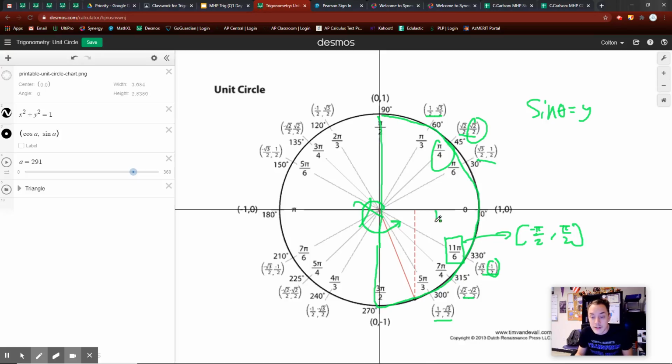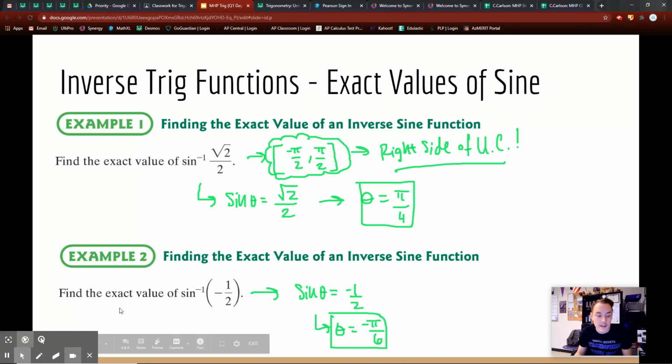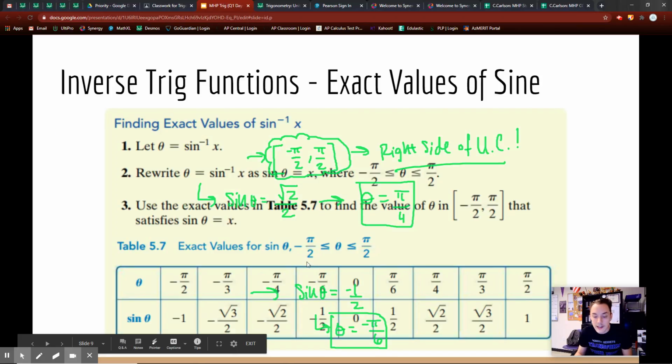But if I go down, it's the reference angle. If I go down the reference angle, and this reference angle is pi over 6, that means I get not 11 pi over 6, but negative pi over 6. And then I could also, like I said, just go back and say, okay, this is negative 1/2.